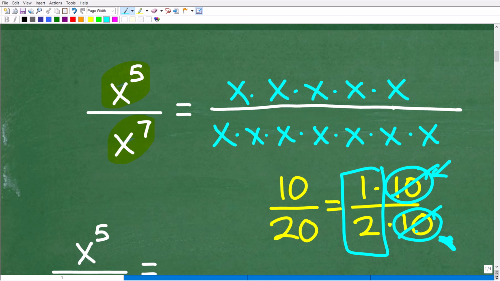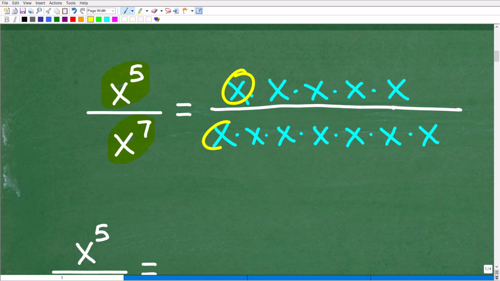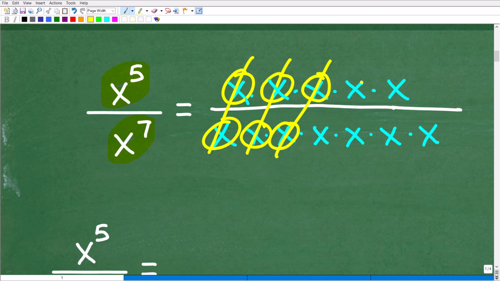So what we're looking for is common factors in the numerator and denominator. Again, the numerator is the top part of a fraction, and the denominator is the bottom part. Looking right here, we have a whole bunch of common factors. This x can cross cancel this x, this x can cross cancel this x, one for one, and so on down the line.